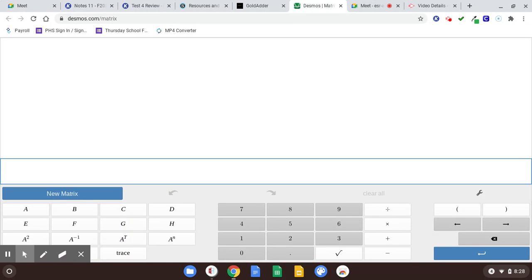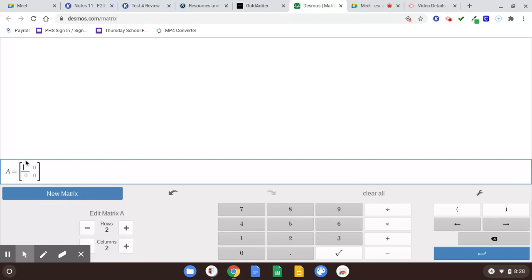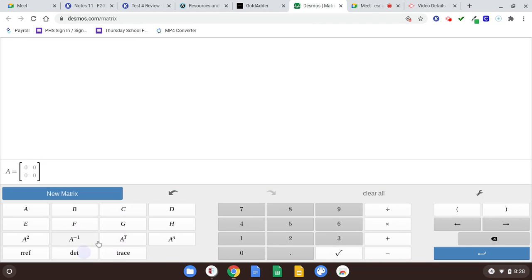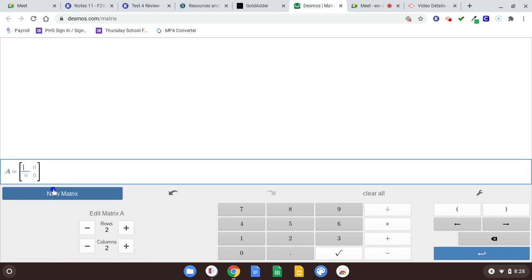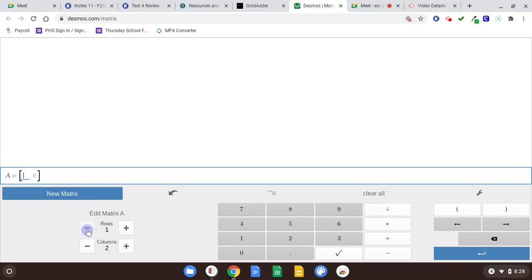So let's watch how to do this without having to do the math by hand. I want to do a new matrix, and I'm going to call it A, and I need to make it a 1 by 2. New matrix. I need 1 row and 2 columns.